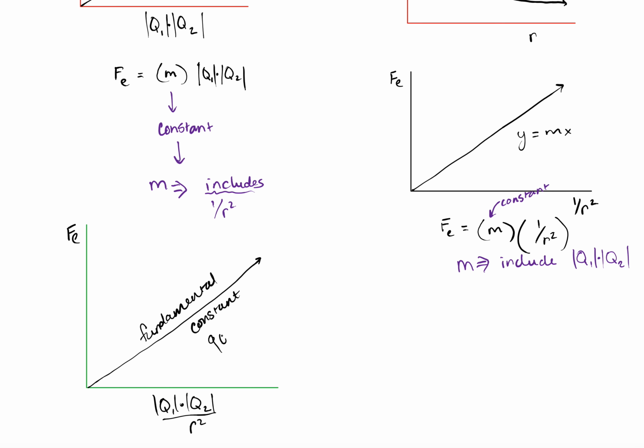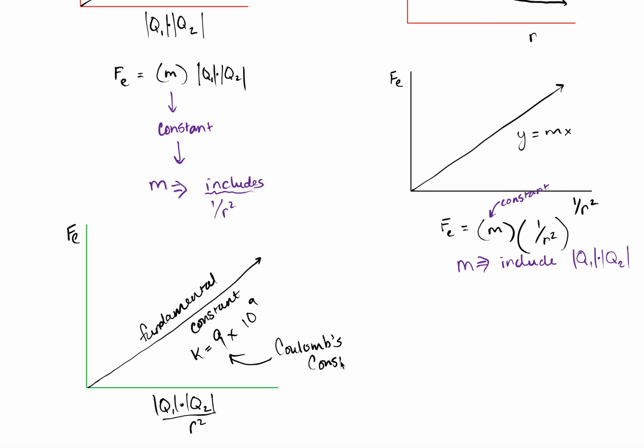And that value came out to be 9, sorry, let me write it in scientific notation. So 9 times 10 to the 9th, or 9 billion. Okay, and this is the constant that we're going to call K, known as Coulomb's constant.